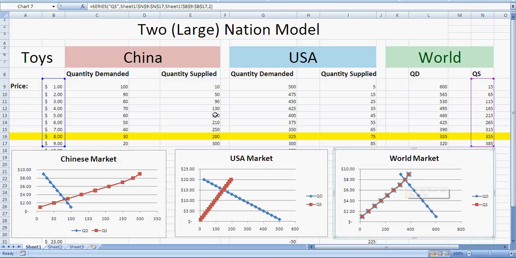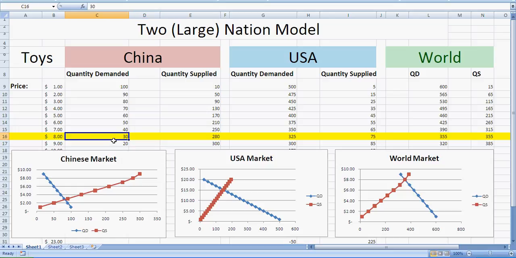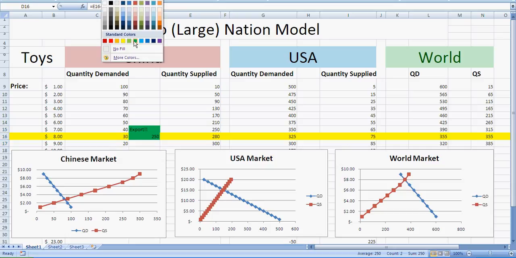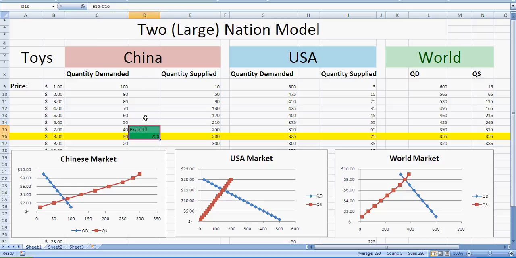So we go back and see if toys are $8, 30 toys are demanded in China, and China produces 280 toys. So China is going to export the difference between 280 and 30. So they will export 250 toys.